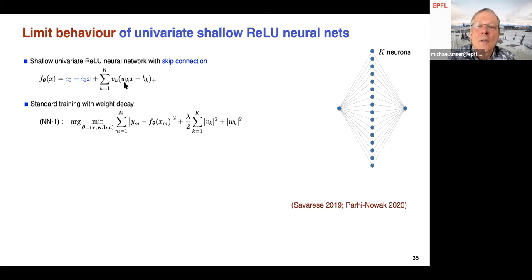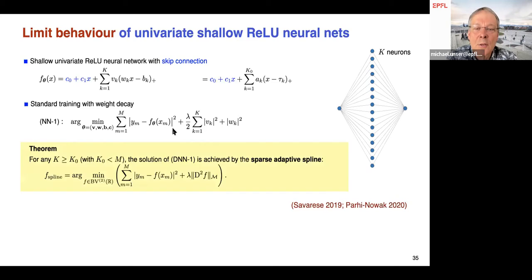And since there's an indetermination of those W and V, usually one puts weight decay. And what's fantastic, and this can be proven, is that the solution of that problem, which is what neural network training solves, is actually equivalent to the solution of that problem which I just showed you before, which was using this M-norm regularization.